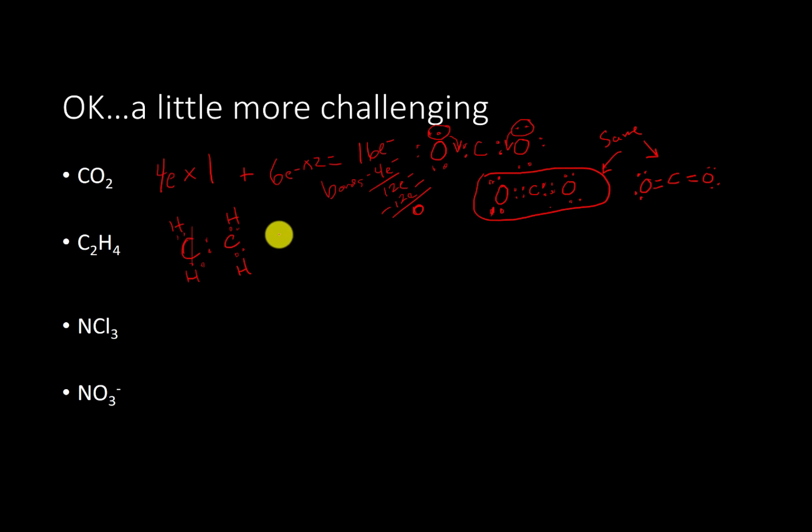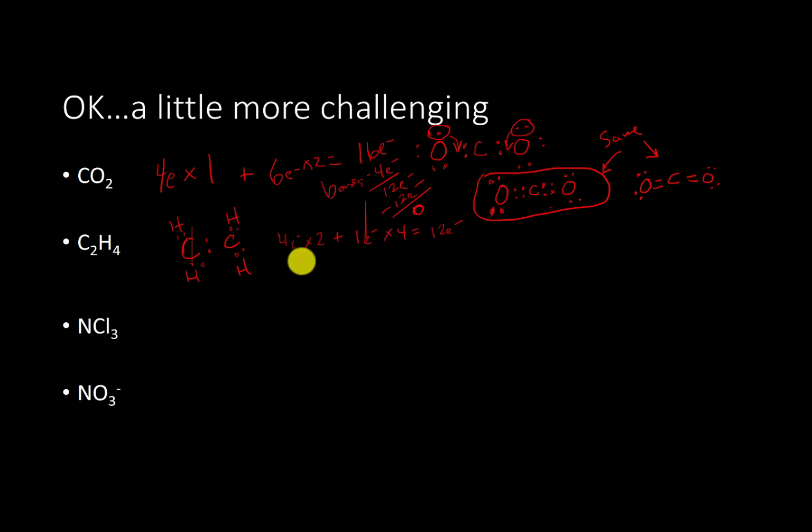Carbon has 4 electrons in its valence shell, times 2, plus hydrogen has 1 electron in its valence shell, times 4, leaving us with 12 valence electrons in our entire molecule.